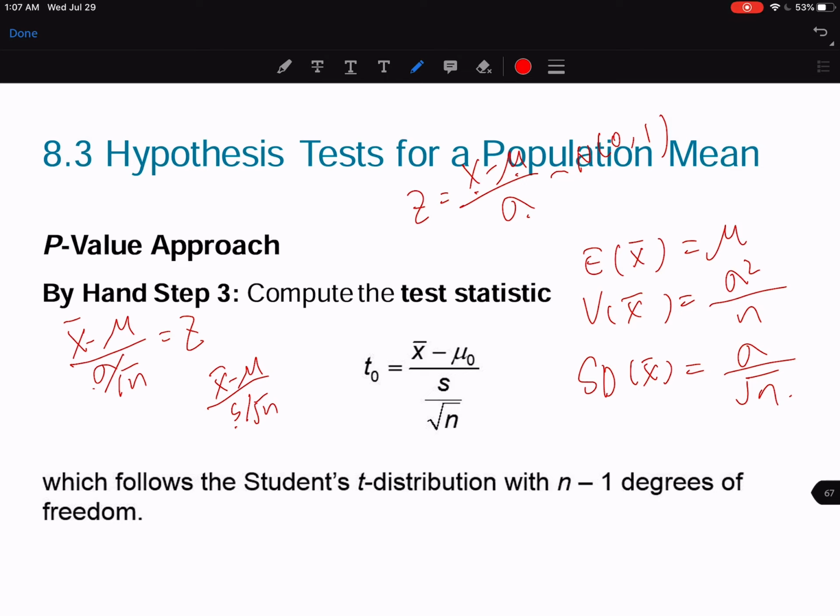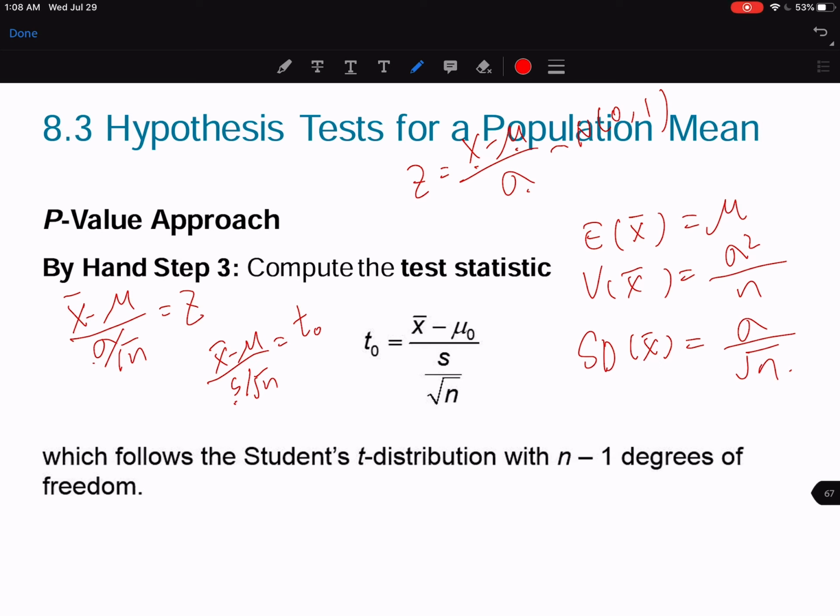But as we just mentioned at the very beginning of this lecture, this follows a t-distribution. So this is the test statistic, t sub 0. Once again, the reason why we got t over here is because we use a sample standard deviation. This test statistic follows the t-distribution with n minus 1 degrees of freedom.